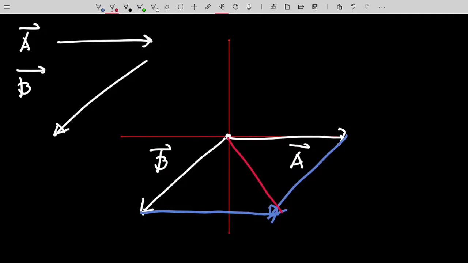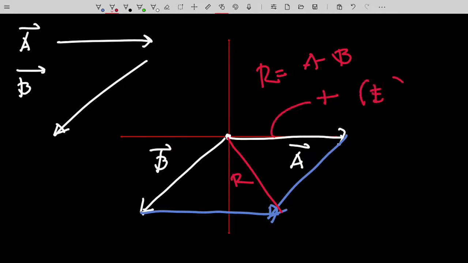Now this should be our resultant vector. And again, your resultant vector is actually equal to A minus B, because again, your vector A is directed to the positive side, which is east, and your vector B should be negative because it is directed to southwest.